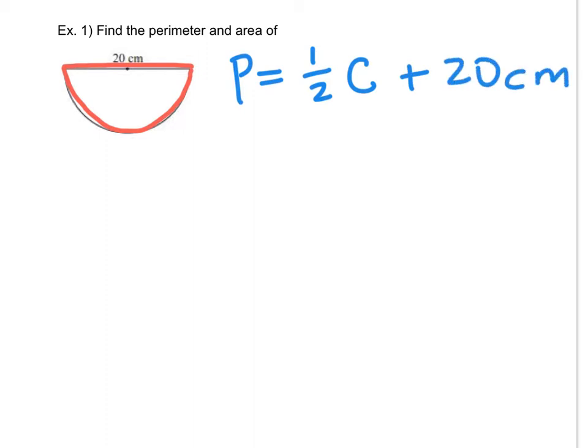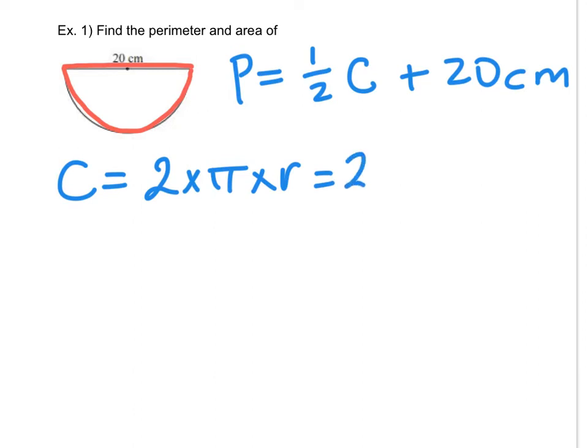So the circumference of the circle would be 2 pi r, 2 times pi times r, which is 2 times 3.14 times 10. Remember, the radius is 10 here.